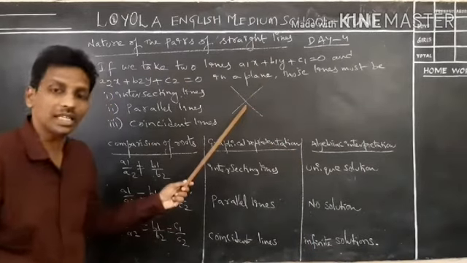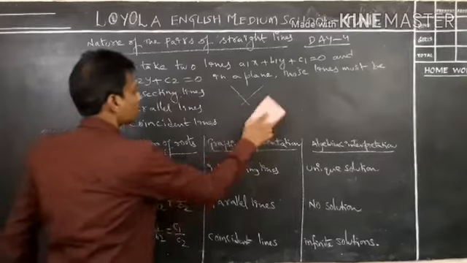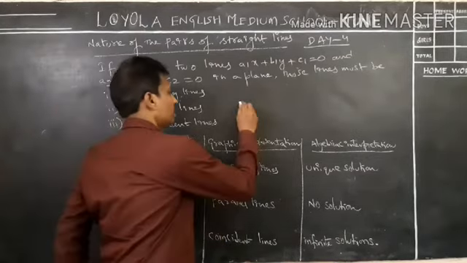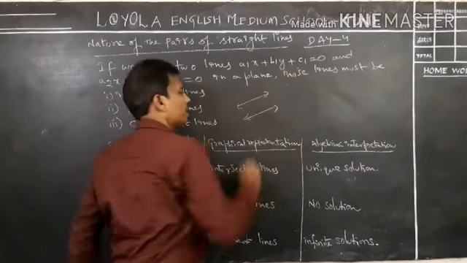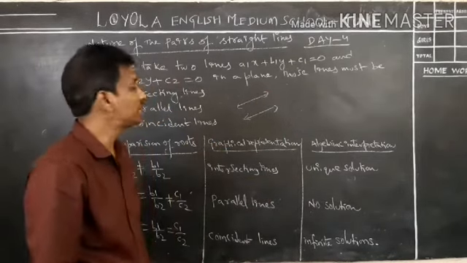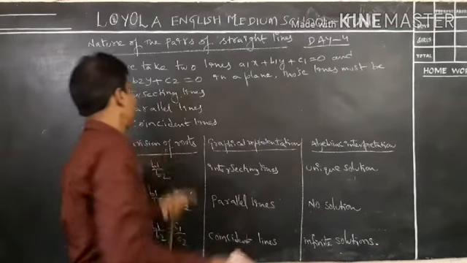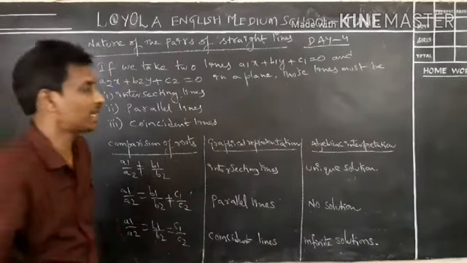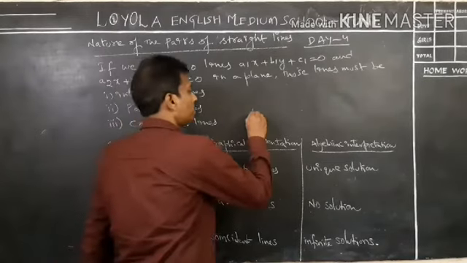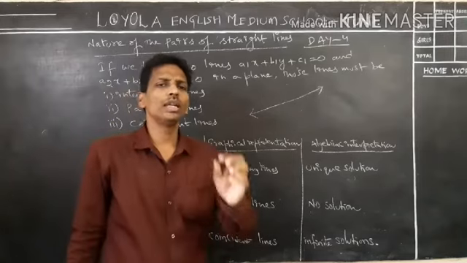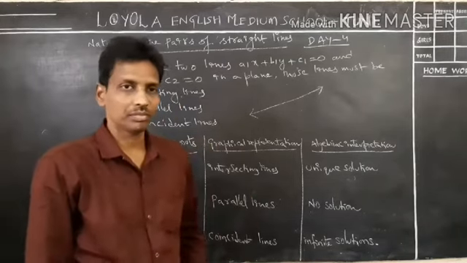So they may intersect like this, or else they won't intersect. They may become like this, which means they are parallel lines, or else they may be coincident lines. Coincident lines means actually on a graph sheet only one straight line is possible.